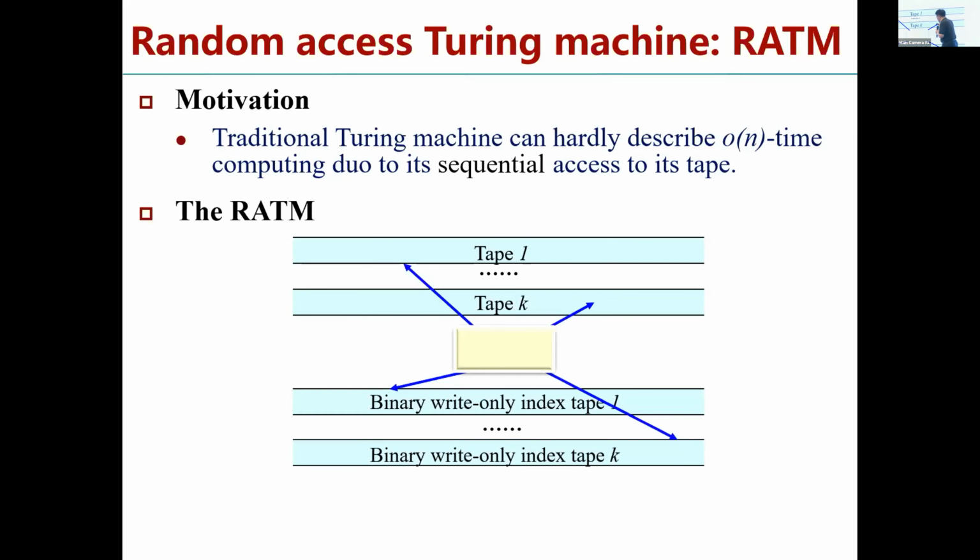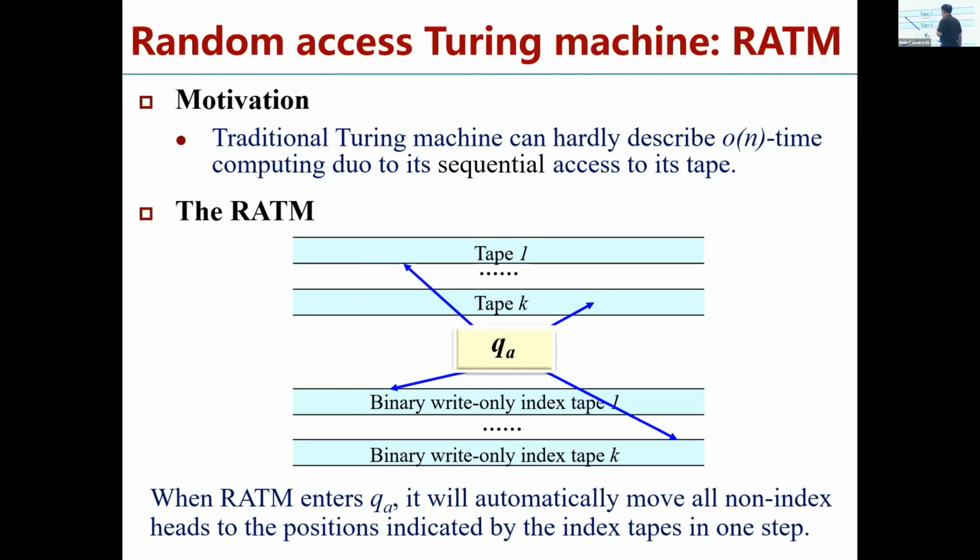For each tape, add an index tape, and also add a new state, QA. So the difference is this. When RATM enters QA state, it will automatically move all the non-indexed tapes to the positions indicated by the index tape.